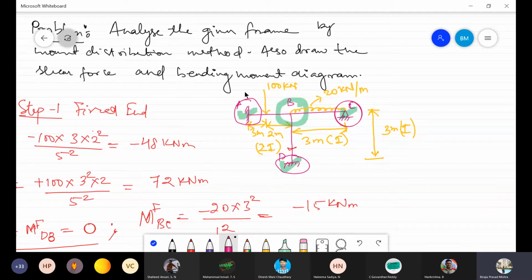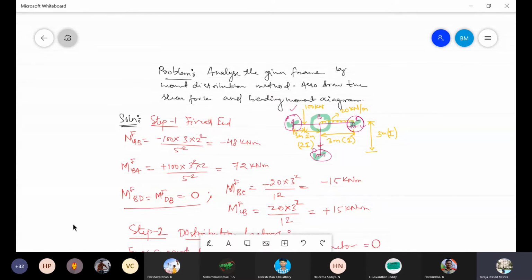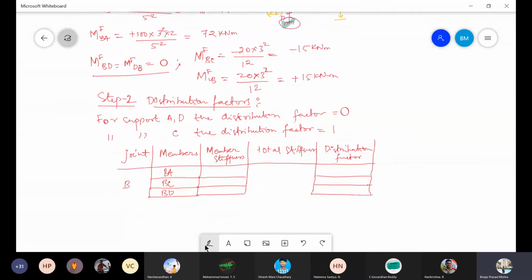Okay, so what will be the formula for element stiffness? Since this is the near end, the far end is fixed. If the far end is fixed, what is the formula for member stiffness? 4 EI by L, sir. 4 EI by L. If it is hinged, then 3 EI by L. Okay. So the same thing we will use for calculating the distribution factor and the member stiffness.